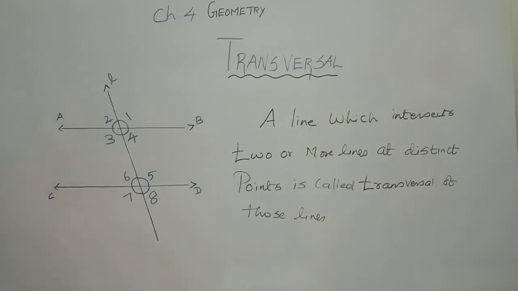Next we are going to see how many angles are created when a transversal intersects parallel lines, and how many pairs of angles are created there.